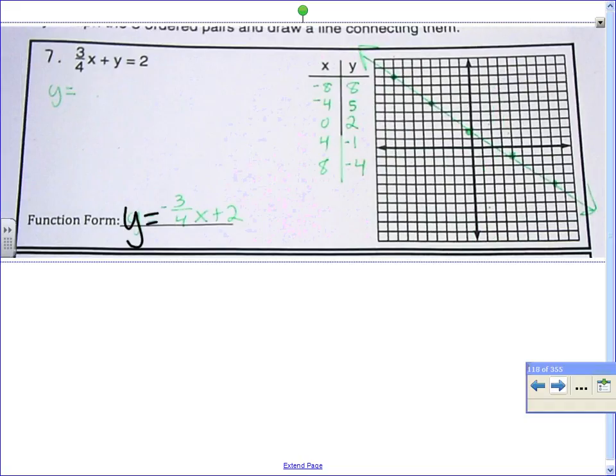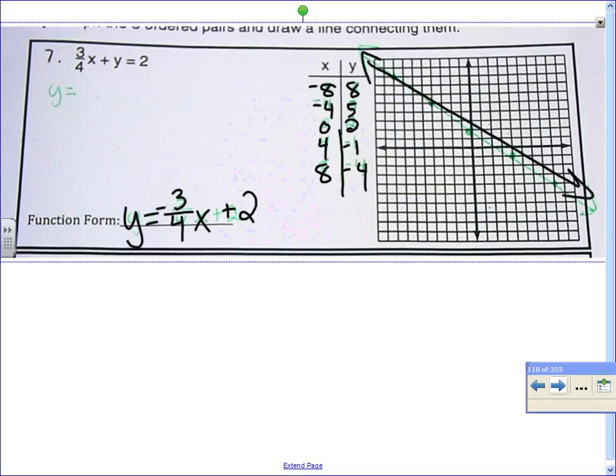Okay, table. Good job. And I used an extra one, so if you guys have an extra one. Negative linear function here. Make sure your function form is correct.